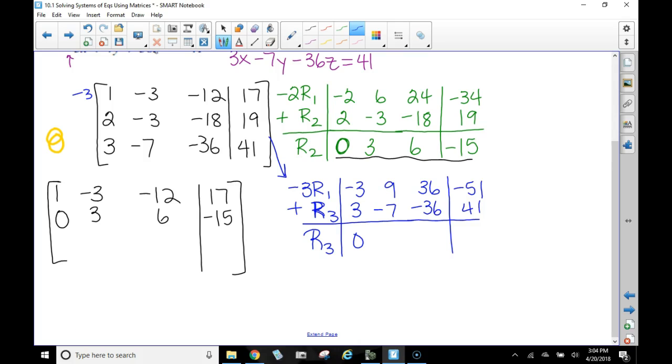Now, I'm going to add those together to get that 0. 2. That also happens to be 0. And then negative 10. That's my new row 3. My new row 3 is a 0, 2, 0, negative 10.